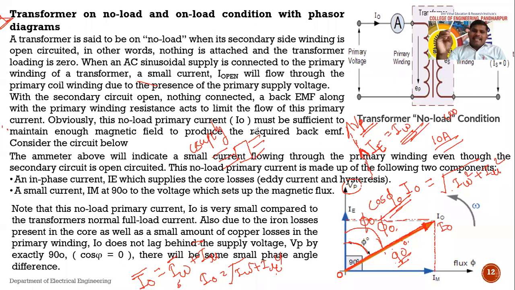So while designing, the designer should take into account that the transformer primary is always connected to the supply, so he will give more importance to iron loss while constructing a transformer. That means he will give less importance to copper loss, right?